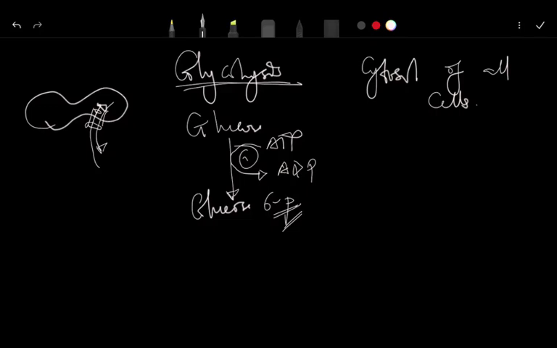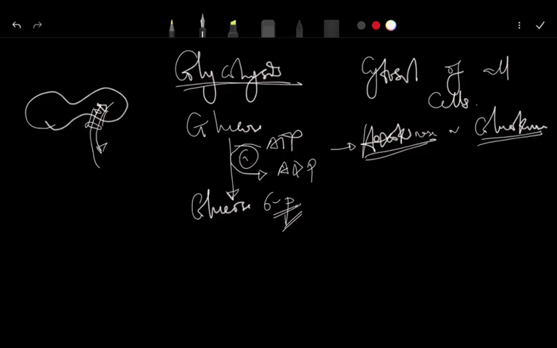Now which enzyme is responsible for this step? The enzyme is called hexokinase or glucokinase. Any of them, hexokinase or glucokinase.